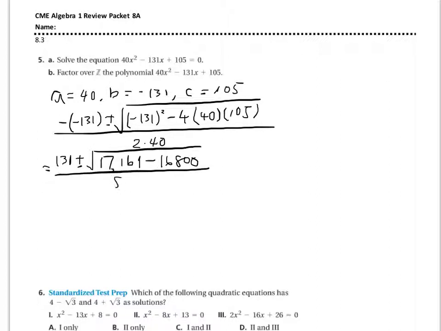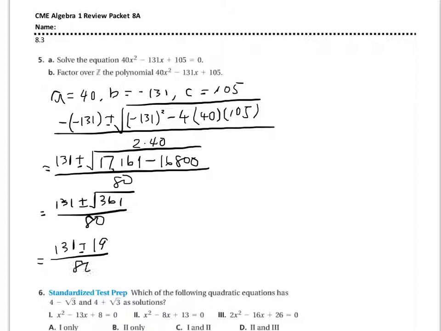Divided by 80, which is 131 plus or minus the square root of 17,161 minus 16,800, which is 361, over 80. 361 is 19 squared, so it's 19 over 80.